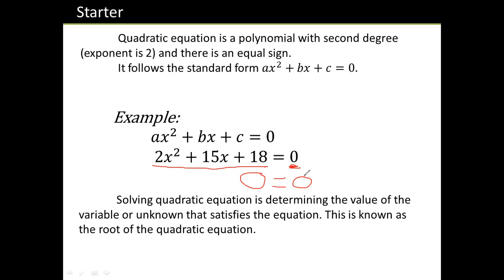If the right-hand side is 20, the left-hand side should be 20, so that we are satisfying the equation, the equality of the left-hand side and the right-hand side. So that is what we mean by solving quadratic equation. We find a number, we call the root, to satisfy the equation.